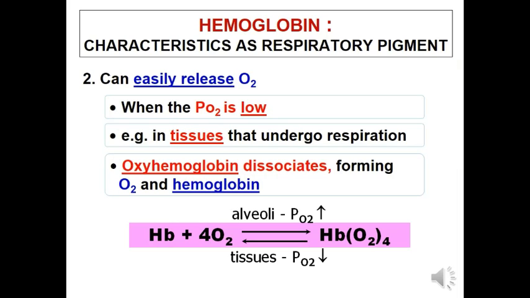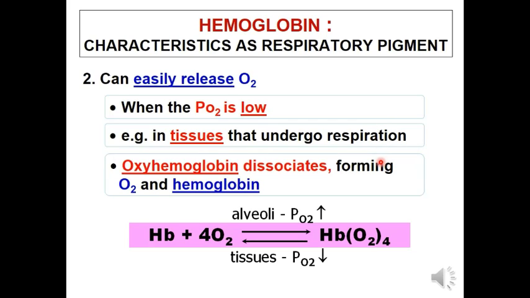Second characteristic of hemoglobin as a respiratory pigment: it can easily release oxygen when the partial pressure is low, for example in tissues that undergo respiration. When tissues undergo respiration, the partial pressure of oxygen is low. Why? Because the tissues use the oxygen to produce energy or ATP.